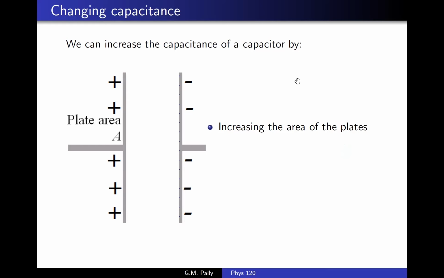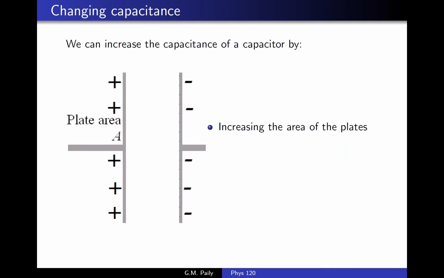We notice that the value of the capacitance only depends on the geometry of the capacitor. It doesn't depend on the potential difference you're applying. As you increase the potential difference, the charge stored will also increase, so that ratio Q over delta V will stay the same.